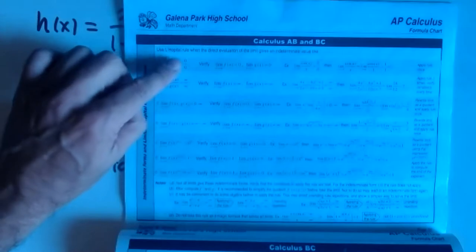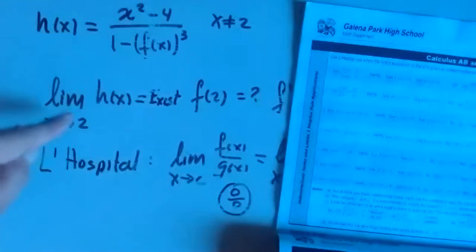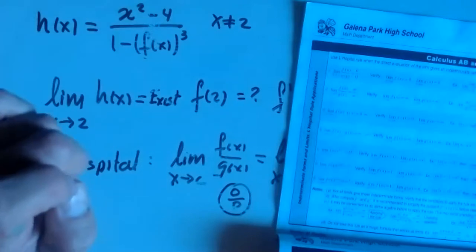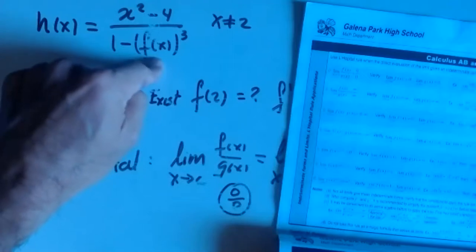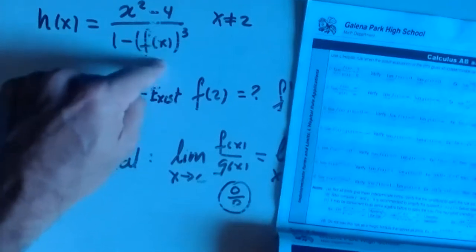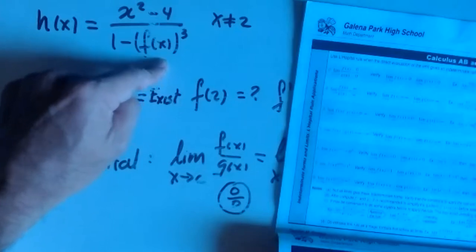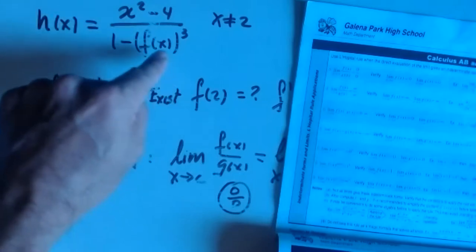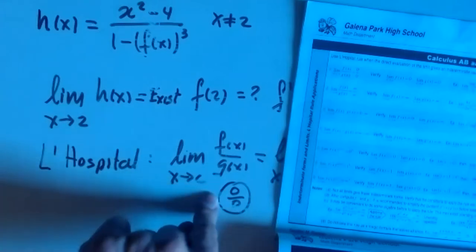In this case, we have 0 over 0, correct? Why 0 over 0? Because if you put a 2 here, you have 4 minus 4, and the only way the denominator is 0 is if this is a 1. So if I was able to apply L'Hopital, it's because I had 0 over 0.